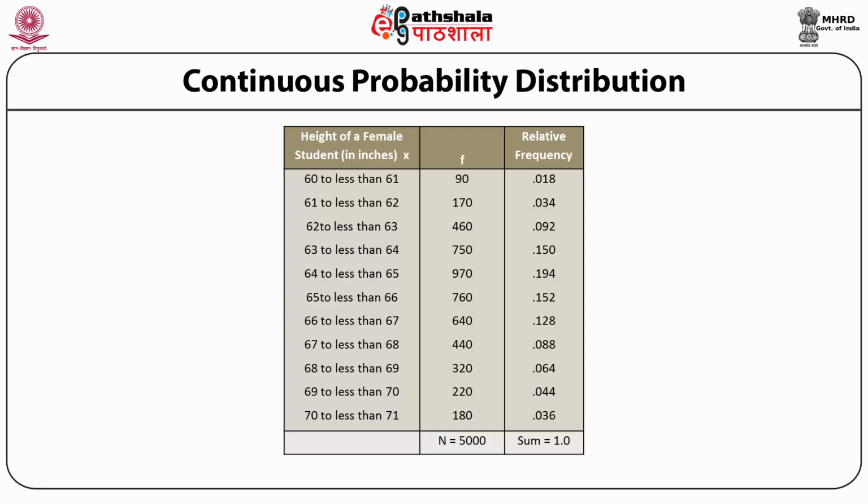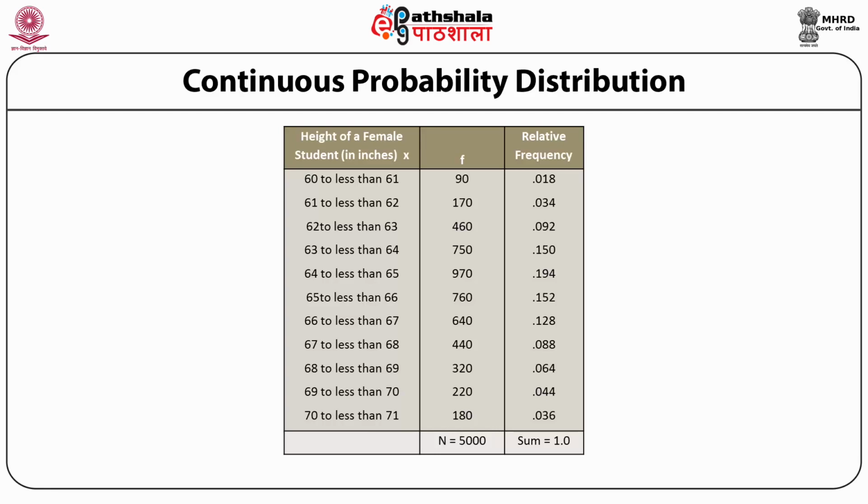Corresponding to it, the frequency is 90, and we will plot it in the figure from 60 to 61. In the middle, we make the histogram, and then the next entry is 61 to less than 62.